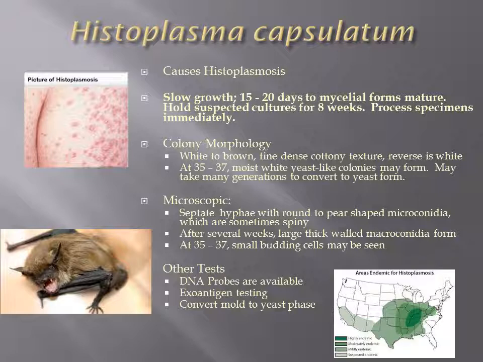South central and southeastern parts of the United States, as you can see from the epidemiology map, it is endemic, and indeed highly endemic in some areas. So once again, if you're living, working in these areas, know that histoplasma is not only potentially something that you could catch if you're not careful, but also something that you may be culturing and growing in the lab.